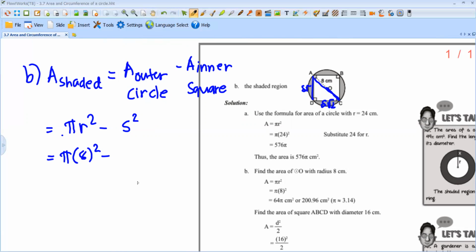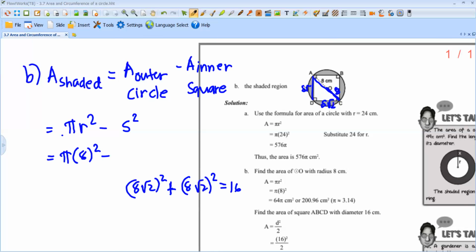Let us see if 8 square root of 2 squared plus 8 square root of 2 squared is equal to 16. So that would be 16, because the diagonal should be 16, right?